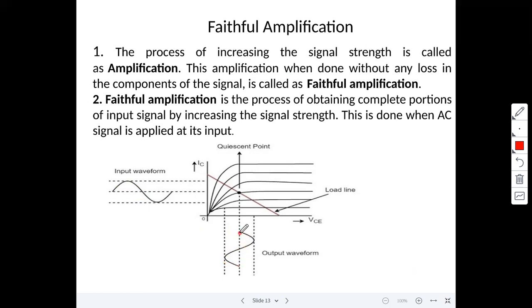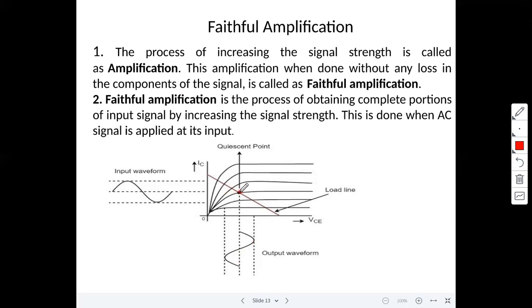Only the amplitude is different. Sometimes the phase also changes, a 180-degree phase shift, but the frequency should be the same. Only the amplitude or sometimes the phase changes. That is called faithful amplification.